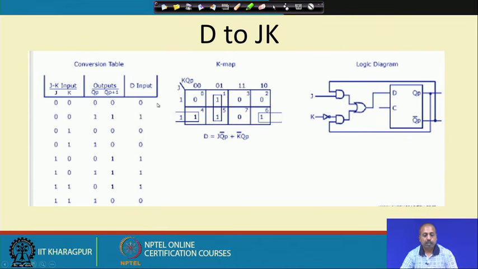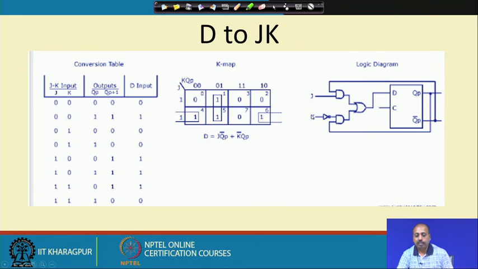Now we make a truth table out of J, K and Qp for D, and if you do a simplification, you find that D equals J Qp bar plus K bar Qp.